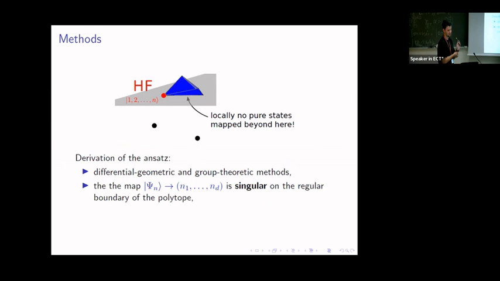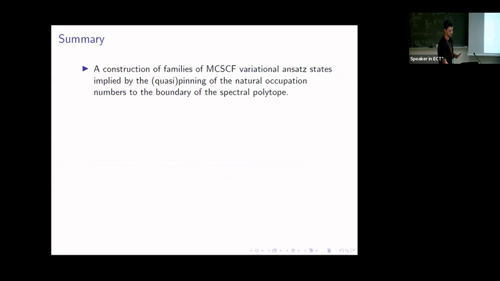That's quite an interesting geometric fact from symplectic geometry. Okay, just to summarize, I have just introduced a construction of some families of MCSCF ansatz states that are implied by quasi-pinning of the natural occupation numbers. Pinning means that they are close to the face of the polytope.